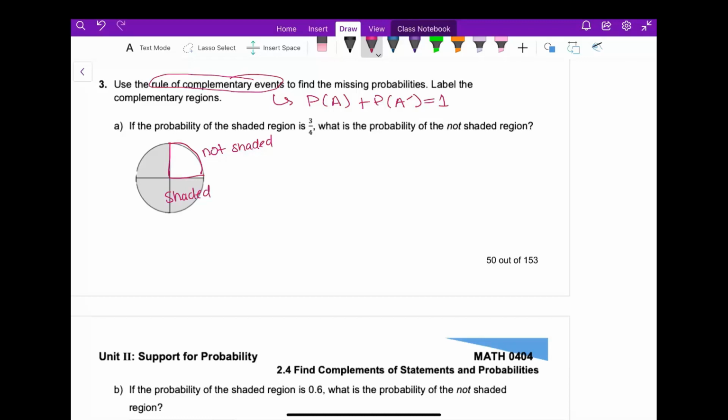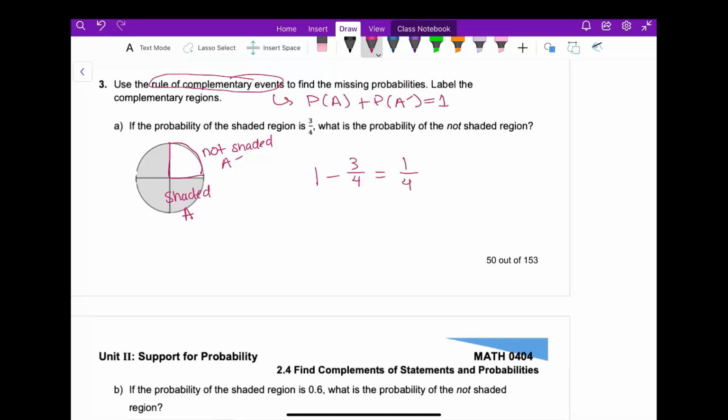Therefore, if we were just labeling simply with A, shaded will be A, so not shaded will be not A. And 1 minus 3/4. If you're good at looking at that picture, you can say it's 1/4 because there's 1/4 left not shaded.